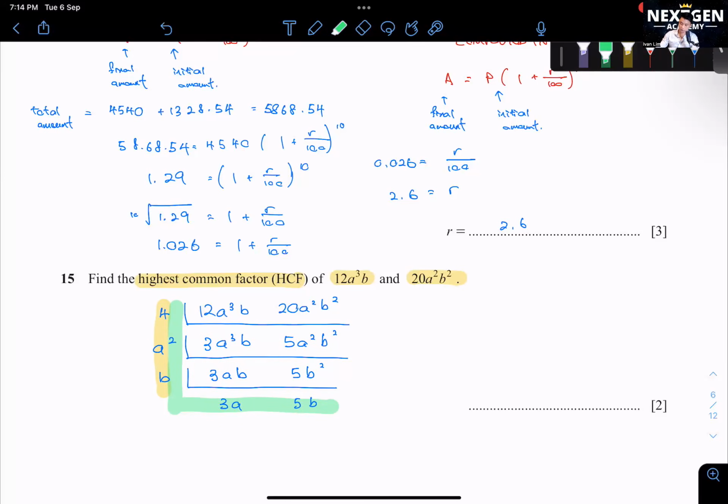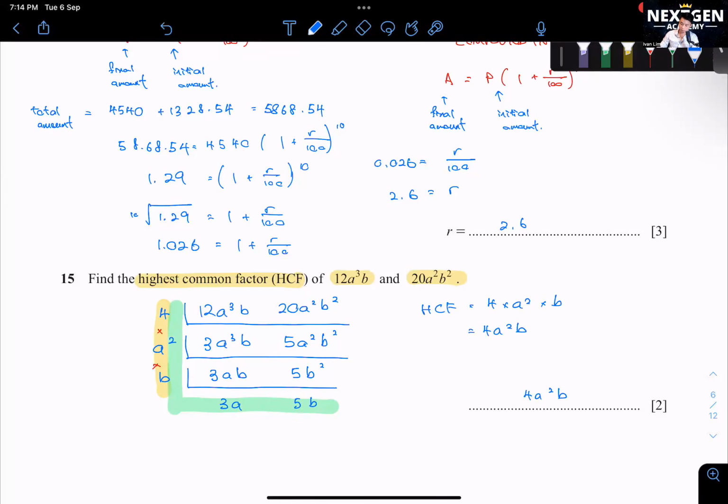So highest common factor. Yes, Anderson, you got it correct. You just need to multiply the values. So for HCF here, it will just be 4 times a squared times b. So 4a squared b. Now, if I ask you how to find the lowest common multiple.